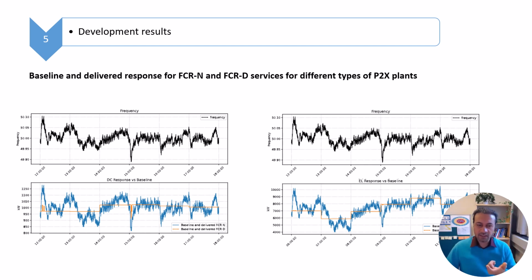That dead band means that we don't need to activate the frequency response at all time intervals. So the deviations in the consumption from the baseline are not significant when it comes to the FCRD, the orange curve. But when it comes to the FCRN service, there are a lot of fluctuations from the baseline, because we need to keep responding to the frequency deviations.